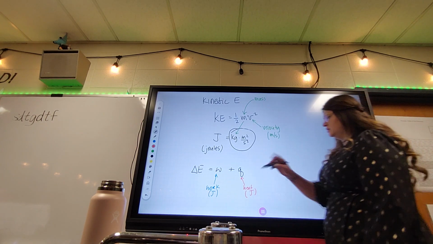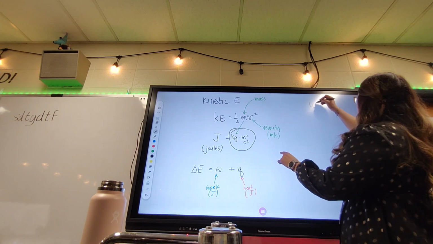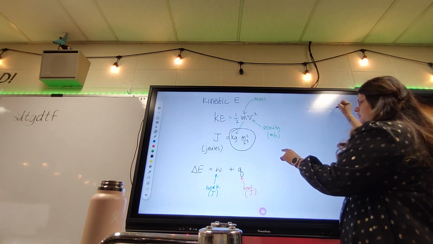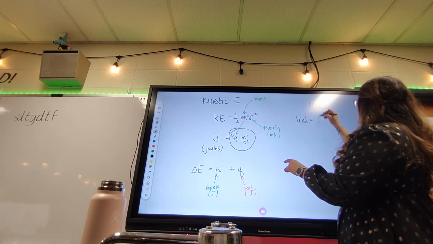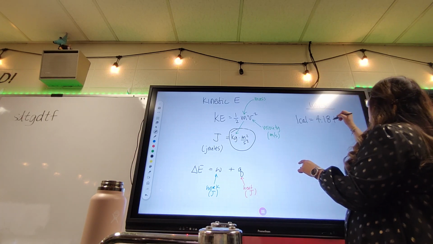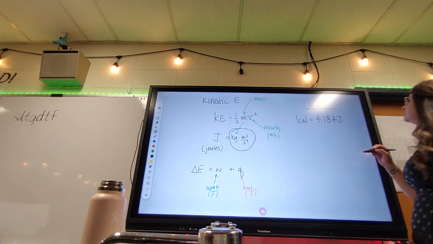The last thing I wanted to tell you is that there's another unit of measuring energy, and that's the calorie. One calorie is equal to 4.184 joules. Let me make sure that's true. Yes, that's true.